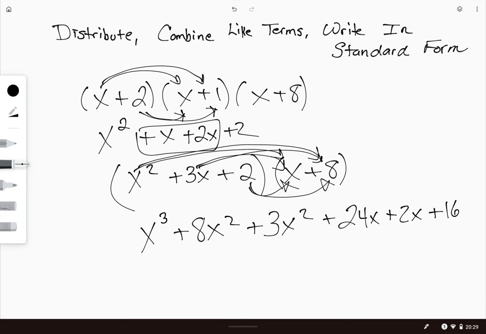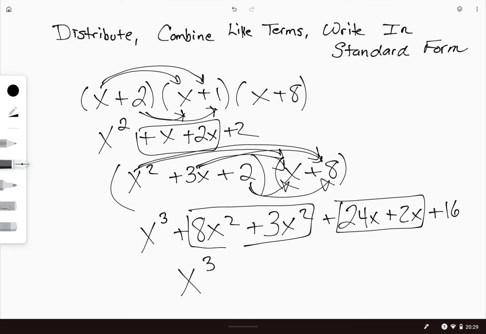All right, so now I just simply need to combine my like terms and write everything in standard form. So here are like terms, and here are like terms. So that's going to be x to the third plus 11x squared plus 26x plus 16.